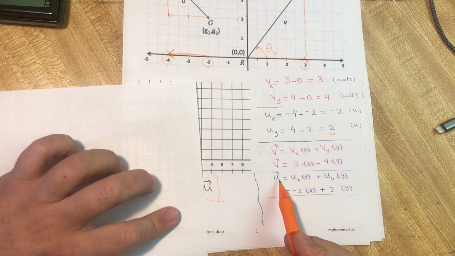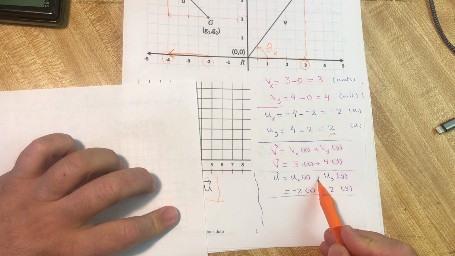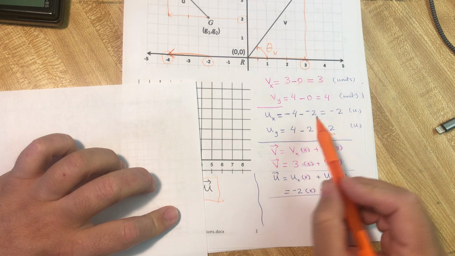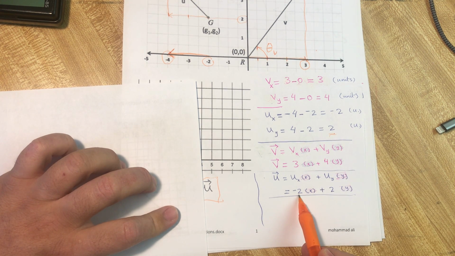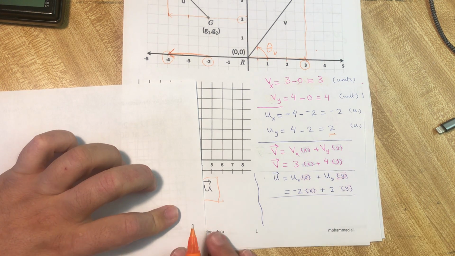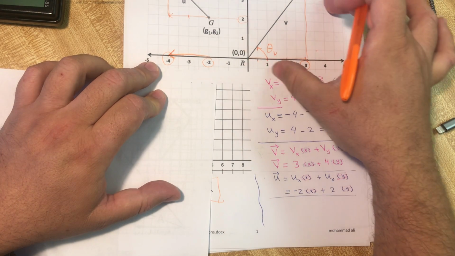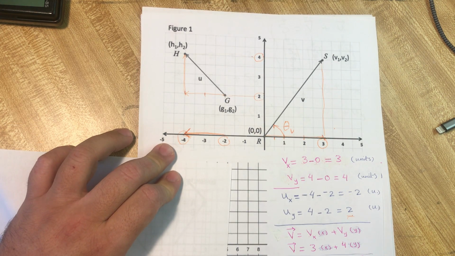But the vector u is ux in x direction plus uy in y direction. We find it is -2 in x direction plus 2 in y direction. Okay, we can drag any one of these vectors, but we need to keep its direction and its length.